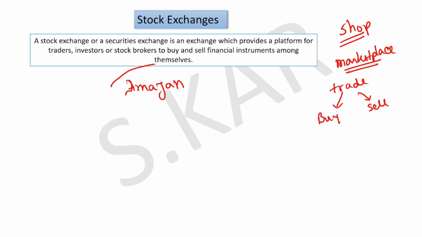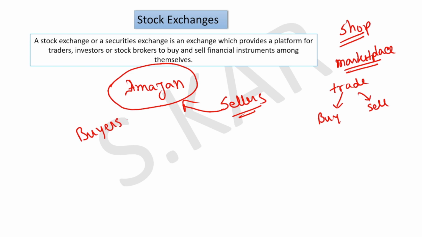Amazon is a platform. Amazon is a marketplace where sellers come and register and upload their products, and we as buyers also come to Amazon, see the products, and then purchase. So we buy, and we can also register on Amazon as sellers.